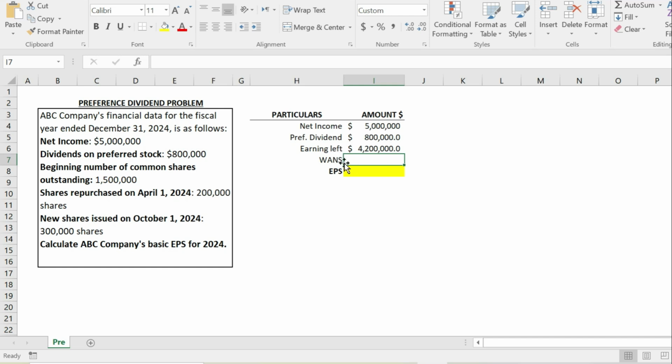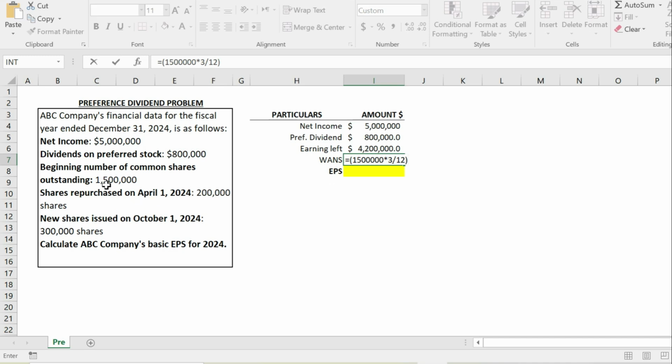And now we will calculate it. Just add these values one by one. Keep in mind that the shares outstanding at the start are 1,500,000, multiplied by 3 over 12, because they repurchased shares on April 1st.